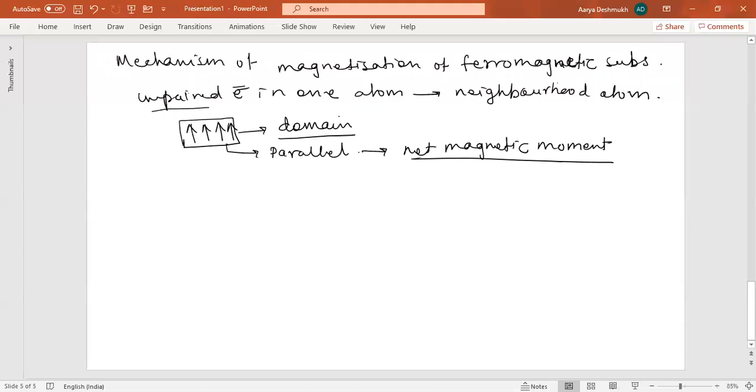Now this happens when you keep this substance in a magnetic field, remember. So an external magnetic field has to be applied here, remember.